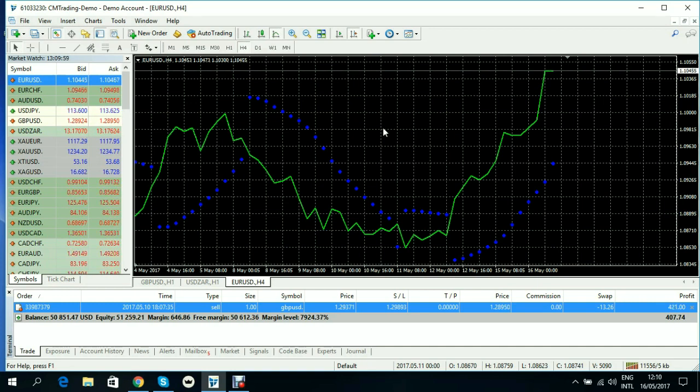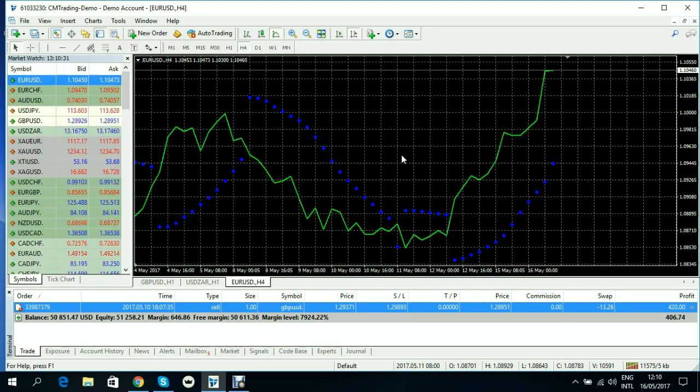Now let's look at when do you enter a trade and when do you exit the trade with this indicator, with the parabolic dot strategy of trading, or how to use the indicator.